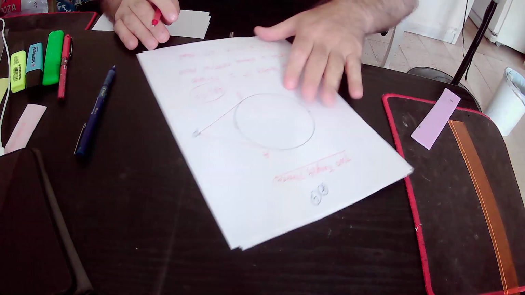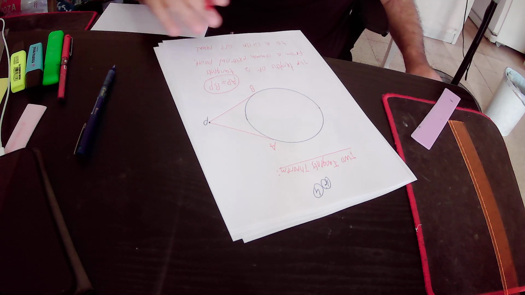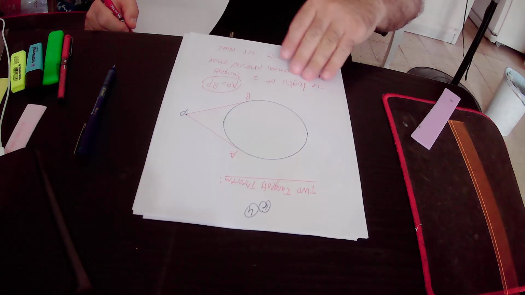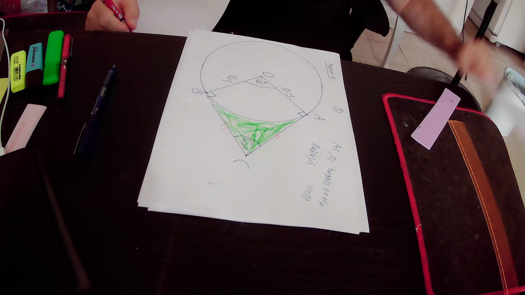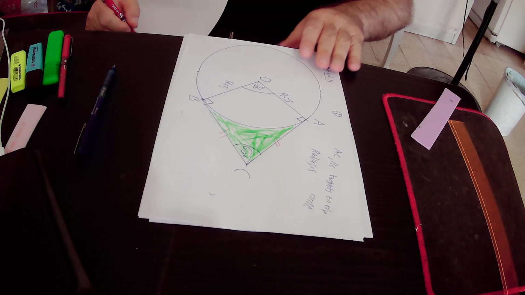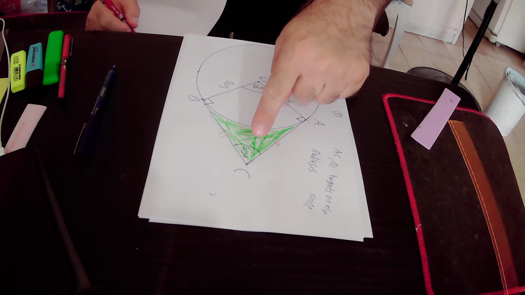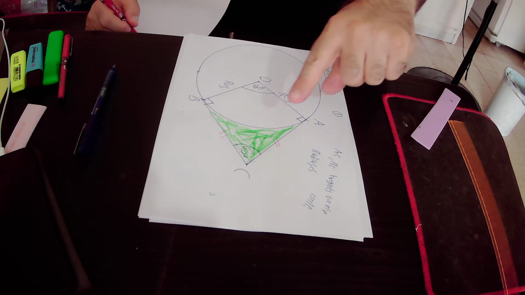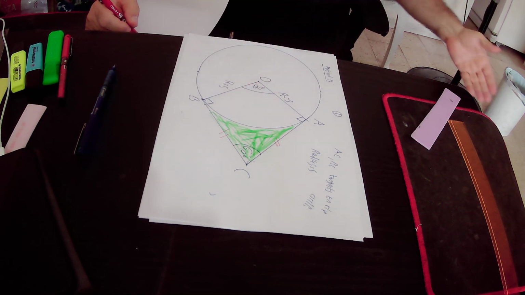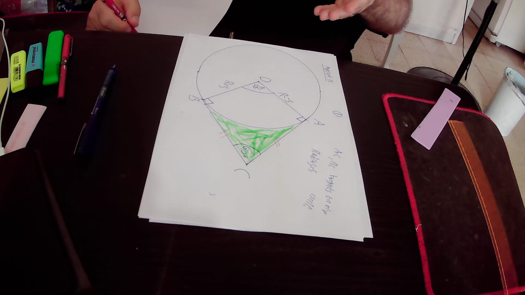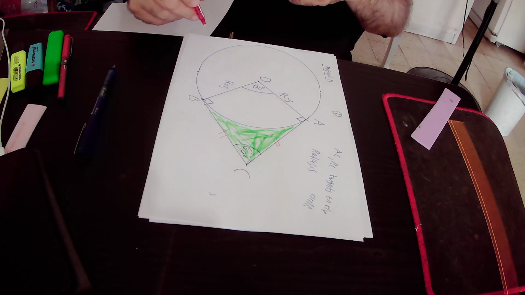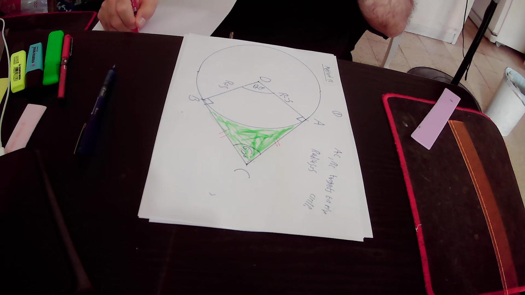According to this rule, from a common external point, point C, we draw two tangents to this circle, tangent AC and tangent BC, and the lengths of those two tangents are equal to each other, that is to say AC equals BC.